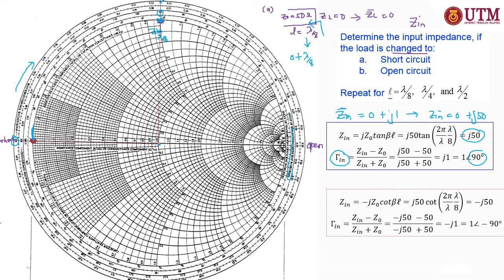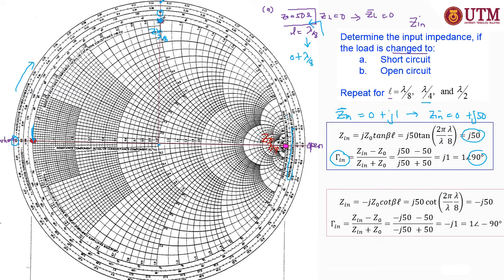Right, same goes to when you change L equal to lambda over 4. Okay, lambda over 4 equals 0.25, so 0 plus 0.25, so you get 0.25. So your Z-in at lambda over 4 equals this point. Here is Z-in at lambda over 4.